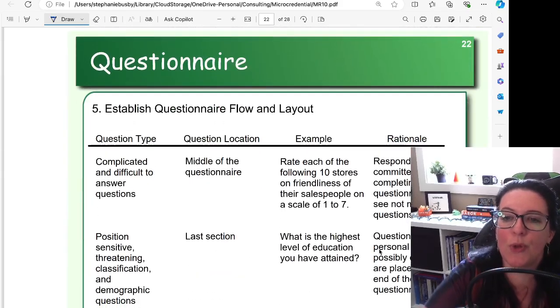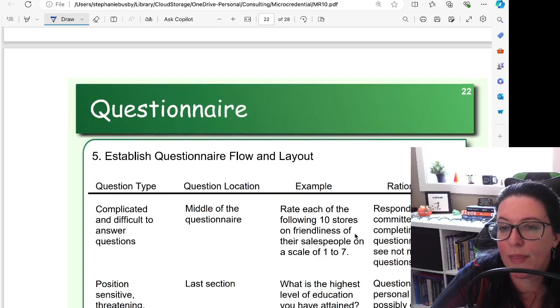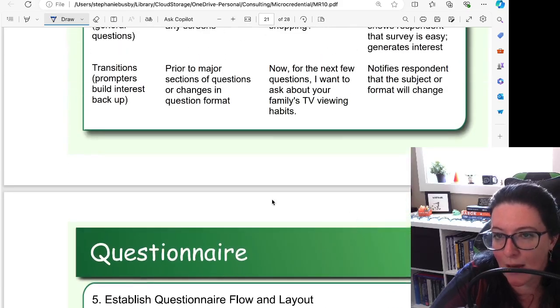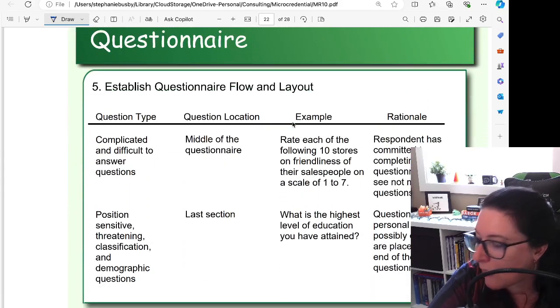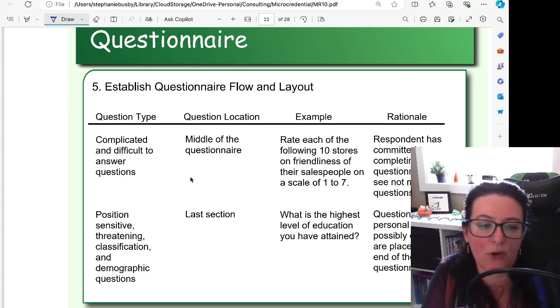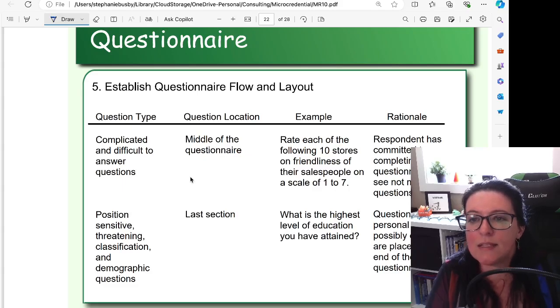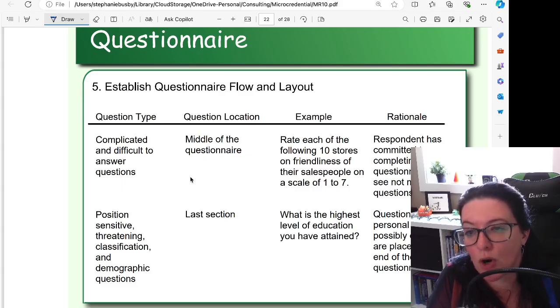Then we get into the questions that are in that particular theme. Start with the easier questions in that area once you've transitioned within that particular topic. And then in the middle of that section is where you're going to put more complicated or difficult to answer questions. This is where we have questions where people have to think a little bit harder.